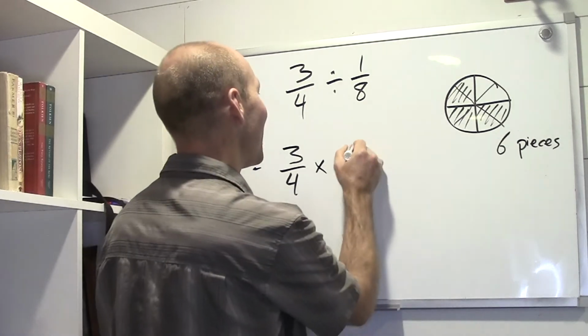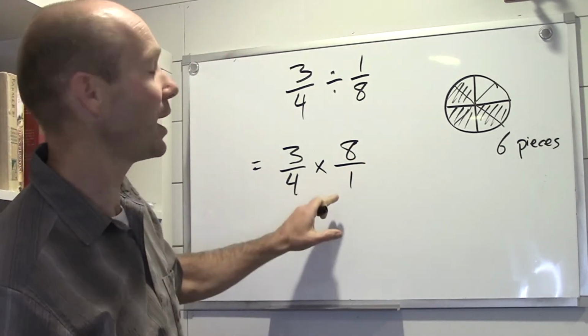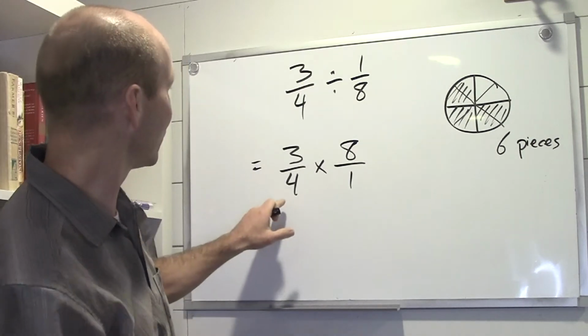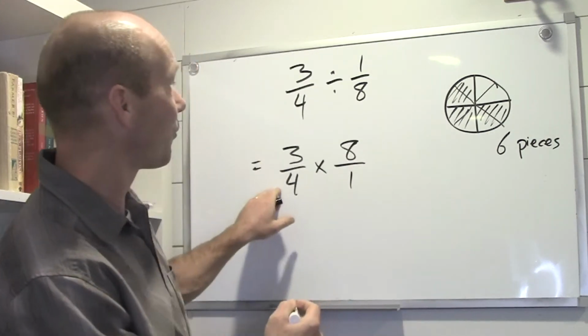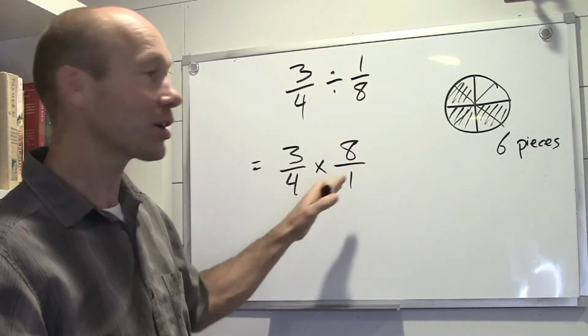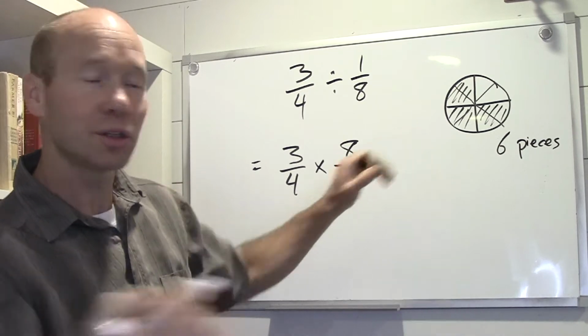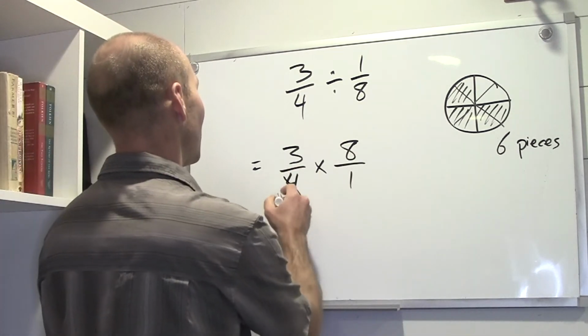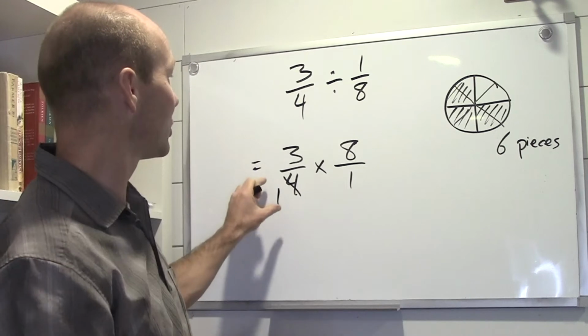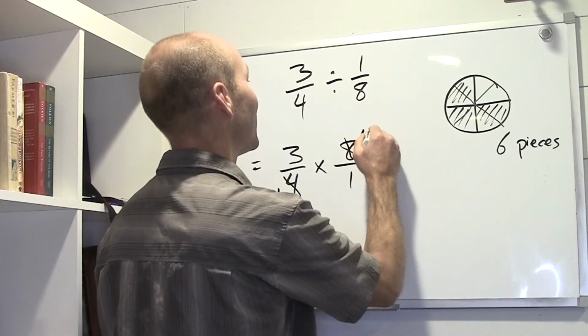That's right, times 8/1. 3/4 times 8/1. And I can look at these numbers, that 4 and that 8. What do you see with the 4 and the 8? Yeah, 4 goes into 8. So 4 goes into 8 how many times? 2 times. So I'm going to divide 4 by 4 and I get 1, and divide 8 by 4 and I get 2.